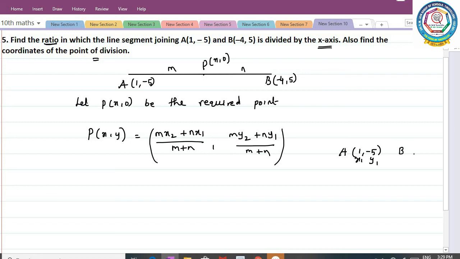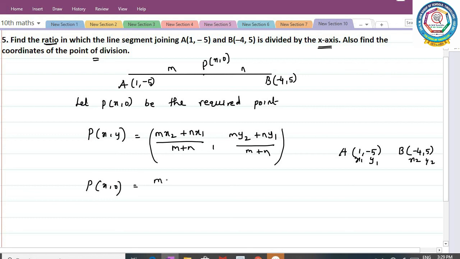B of minus 4 comma 5, this is x2, y2. P of x comma y is P of x comma 0. m, x2 is minus 4, plus n, x1 is 1, by m plus n, comma m, y2 is 5, plus n, y1 is minus 5, by m plus n.